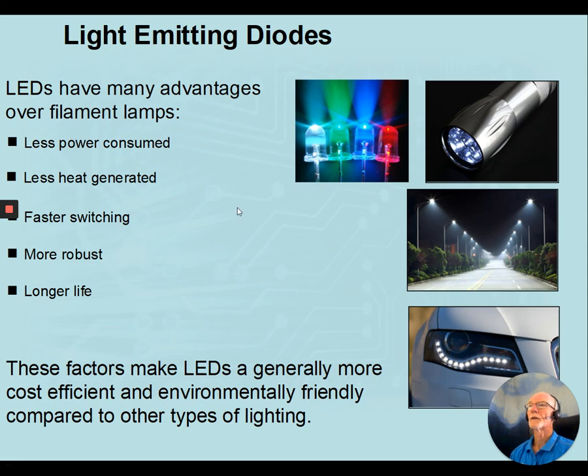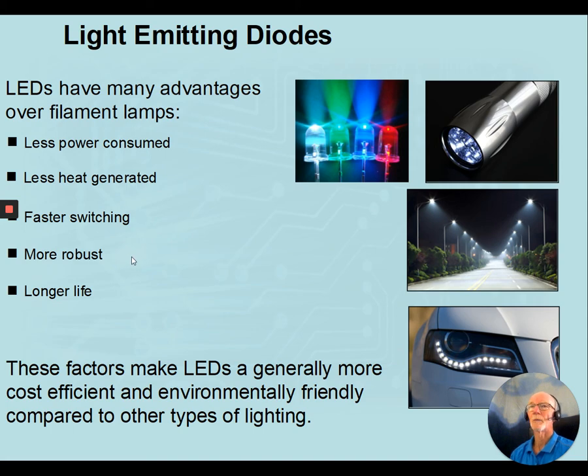We use LEDs in all sorts of situations, in cars, street lighting and now house lighting. The advantage of LEDs is that they have a lot lower power consumption. They generate overall a lot less heat. We can switch them on and off a lot faster than an incandescent bulb.